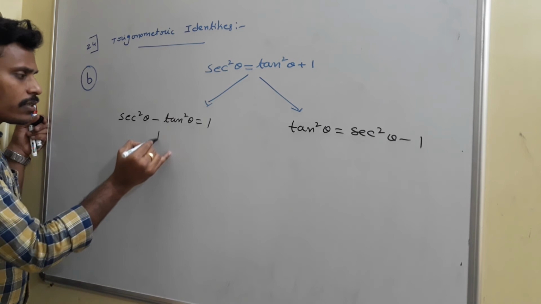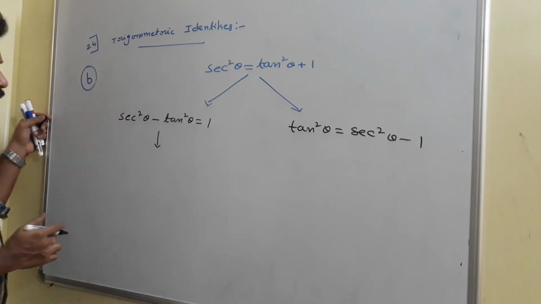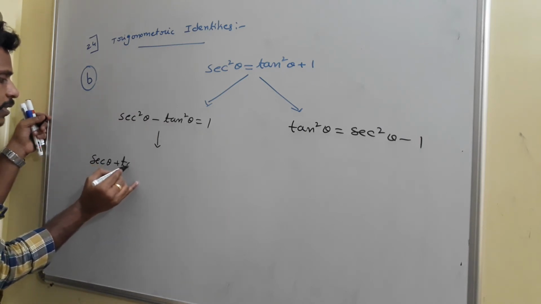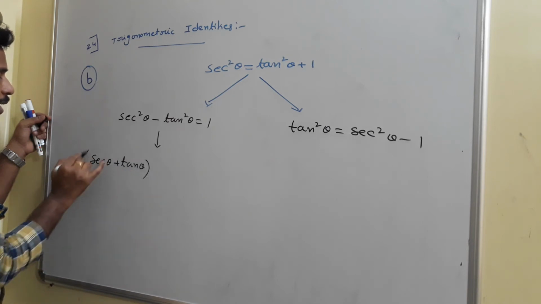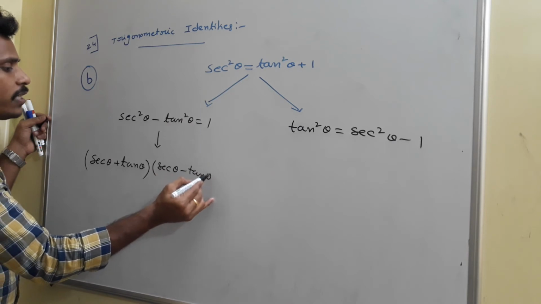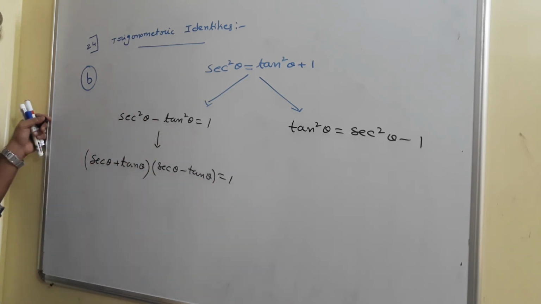Now, since secant square theta minus tan square theta is equal to 1, how is it looking? It looks like x plus y into x minus y. So I may write it like this: secant theta plus tan theta into secant theta minus tan theta is equal to 1. If you multiply these two, again you get secant square theta minus tan square theta is equal to 1.